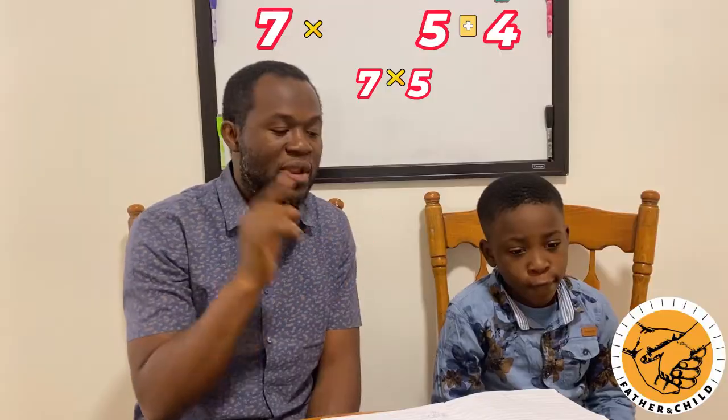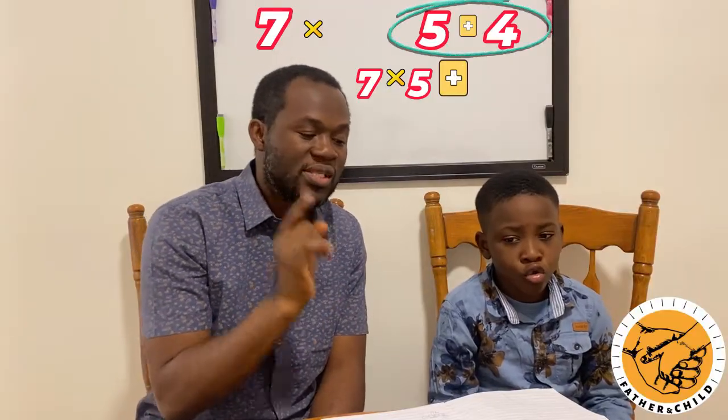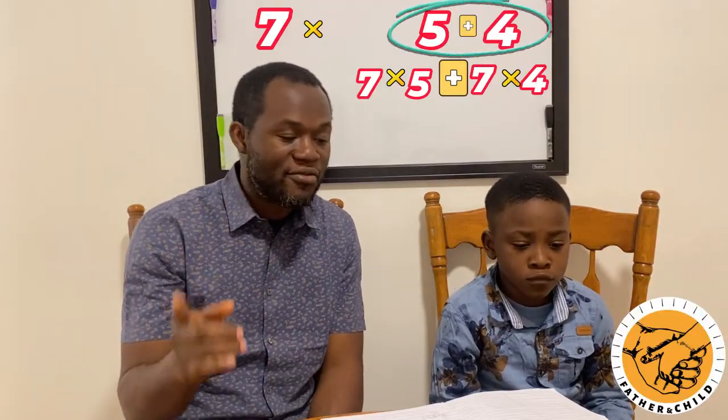Remember your 5. If you break 9 down using 5, it will give you 5 plus 4. So with 5 plus 4, what you now have is 7 multiplied by 5 plus 7 multiplied by 4.